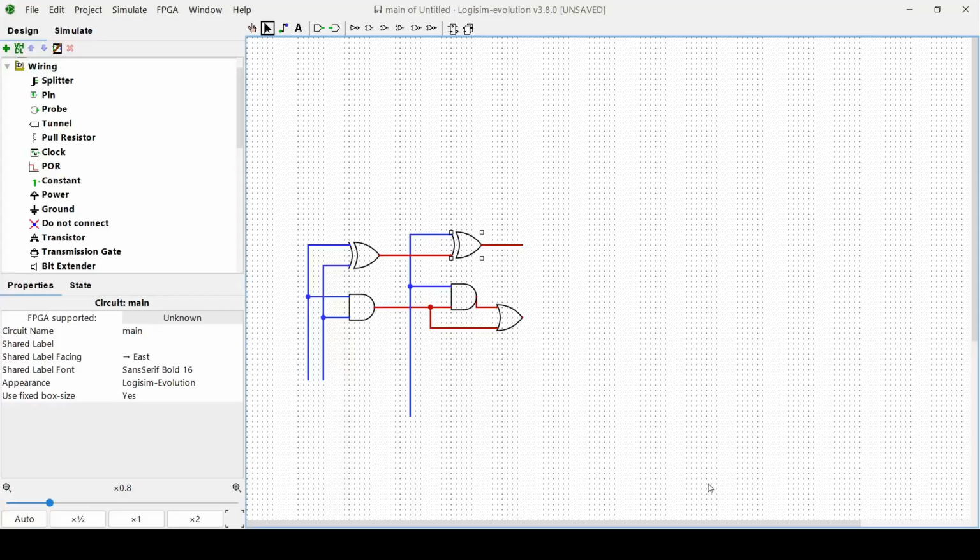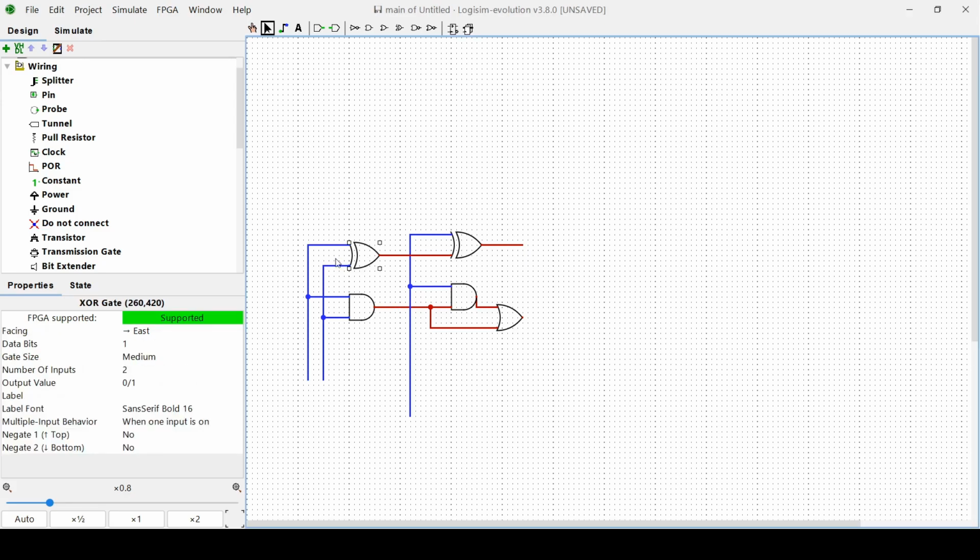Now to get started, I'm going to show you what this would look like on paper. Here we have 2 XOR gates, here and here. I don't know if you can see my mouse. Hold on a second. Okay, the one I just selected is an XOR gate, and the other one he's attached to is also an XOR gate.